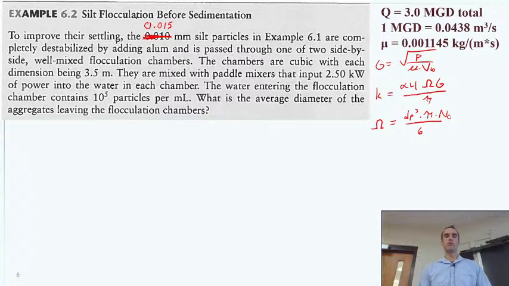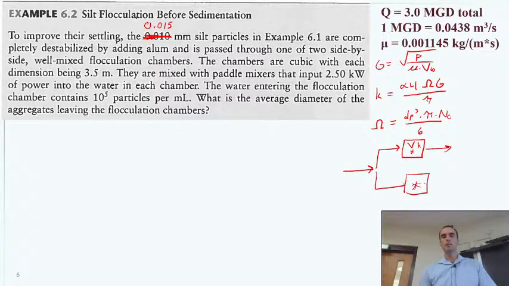reactor, right? So if we draw this system, which is probably the first thing you should do, it says we have two side-by-side identical flocculation chambers that are cubic. They are well mixed. They have some volume that we can find. That reaction happening, K, and water coming back out, right? So we have two of these. And presumably these will probably join and continue.